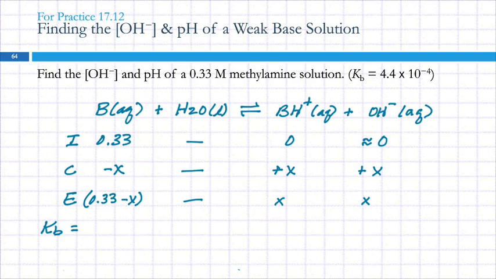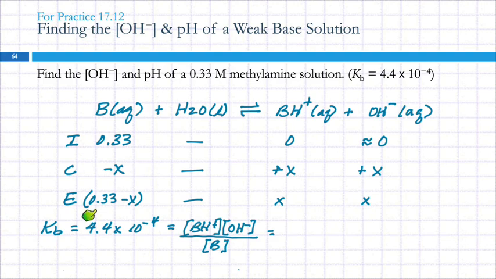So Kb equals 4.4 times 10 to the minus 4, which equals the concentration of the products multiplied, divided by the concentration of the reactants, but not water because it's a pure substance. And then we can plug in our equilibrium values here, and we get x squared over 0.33 minus x.